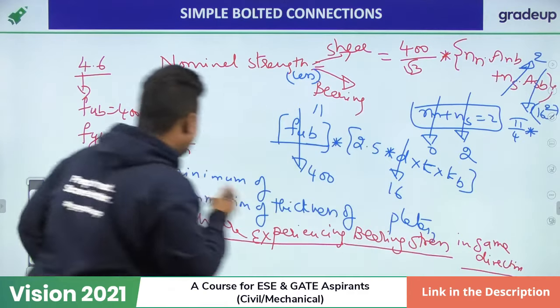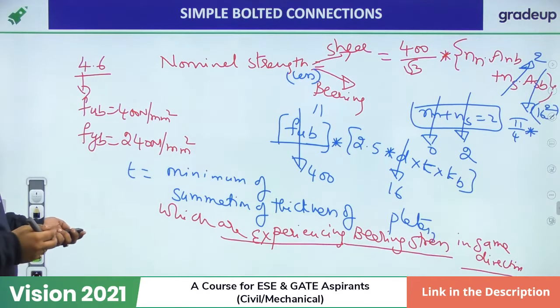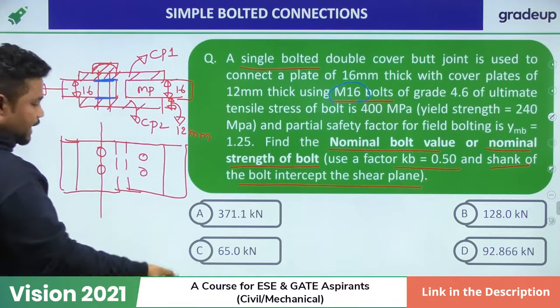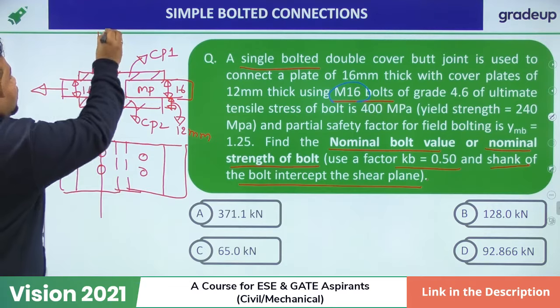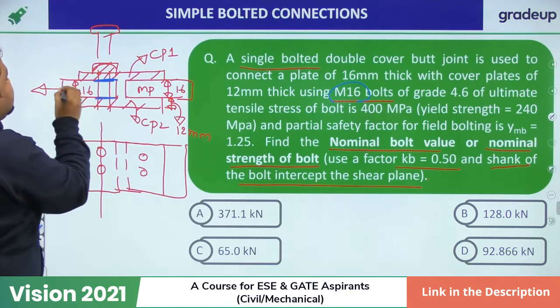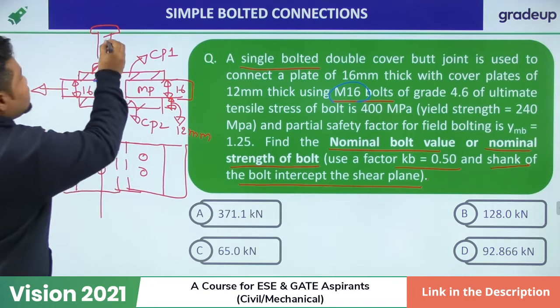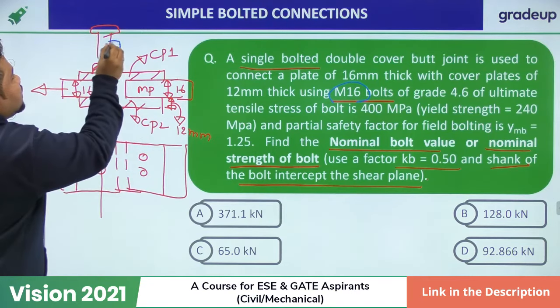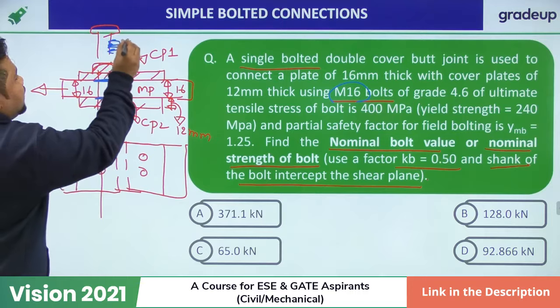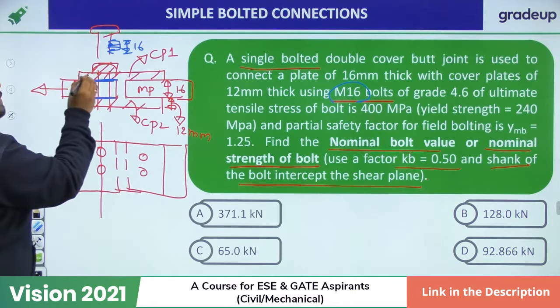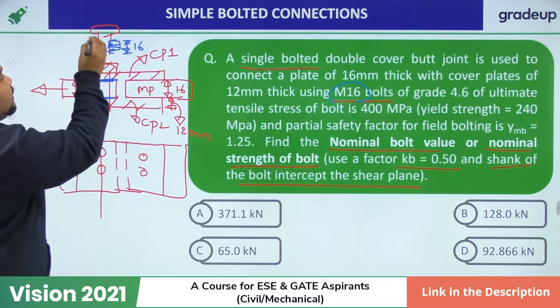For that one you need to understand, if a load was applied, if you take the free body diagram of this bolt here, how this plate is applying bearing stress on this bolt. The main plate is applying bearing stress in this direction, and its thickness is around 16, whereas the cover plates are experiencing bearing stress in another direction.